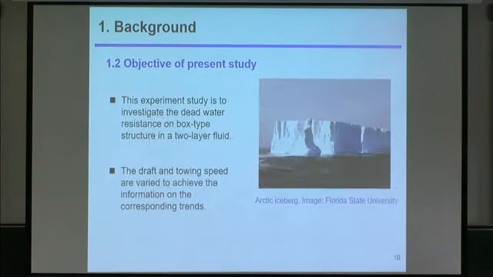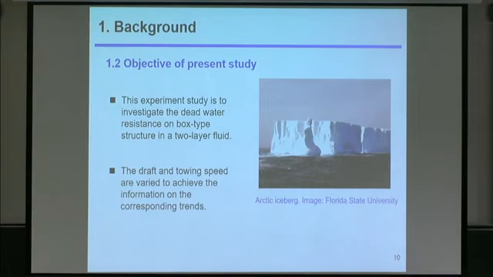Okay, above all, I think the numerical method is very complicated for studying this problem, because a box type structure has sharp corners and sharp edges. It's not a slender body, it's not a streamlined body. And there are also the field experiment results.